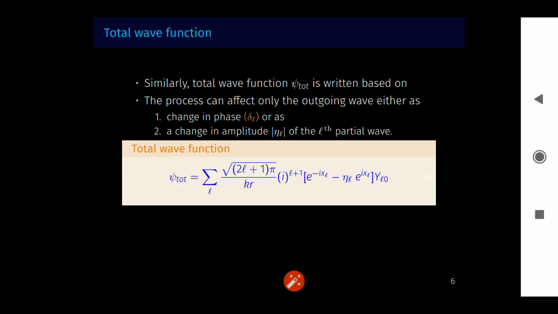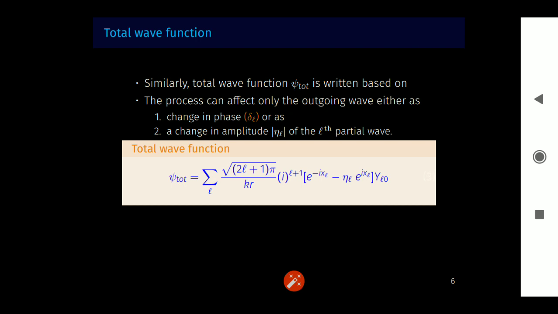That is an important thing. Based upon that, the outgoing part will contain both this phase as well as amplitude information in the form of eta L. So what is the difference between the incident wave function and the total wave function?